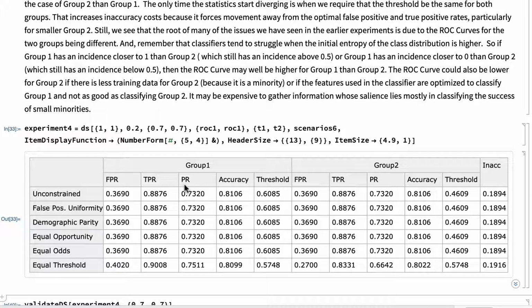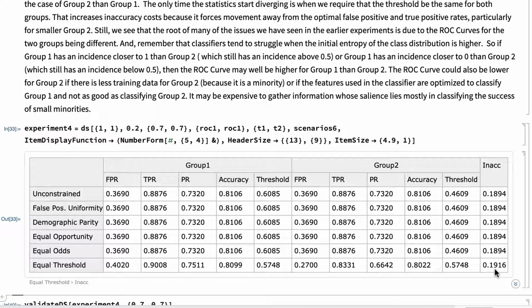that we've seen. The only thing that's different, though, is that in order to make this all work, the threshold still has to be different. The one exception, of course, is when I force the threshold to be the same in the equal threshold regime, and that has two consequences.